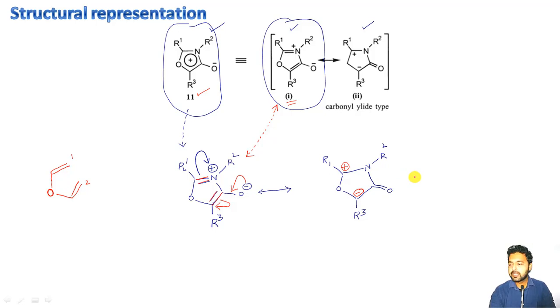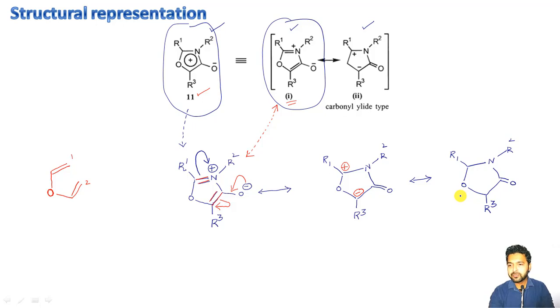And after that, I can draw one more resonating structure here, and it will be like single bond R2 here, single bond, double bond oxygen, oxygen here, and once again R3 here.